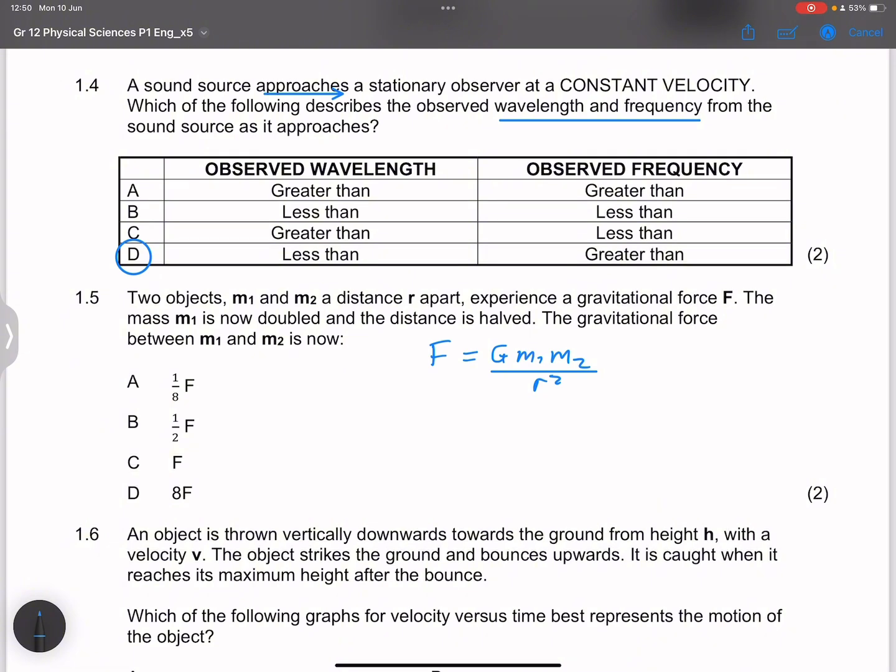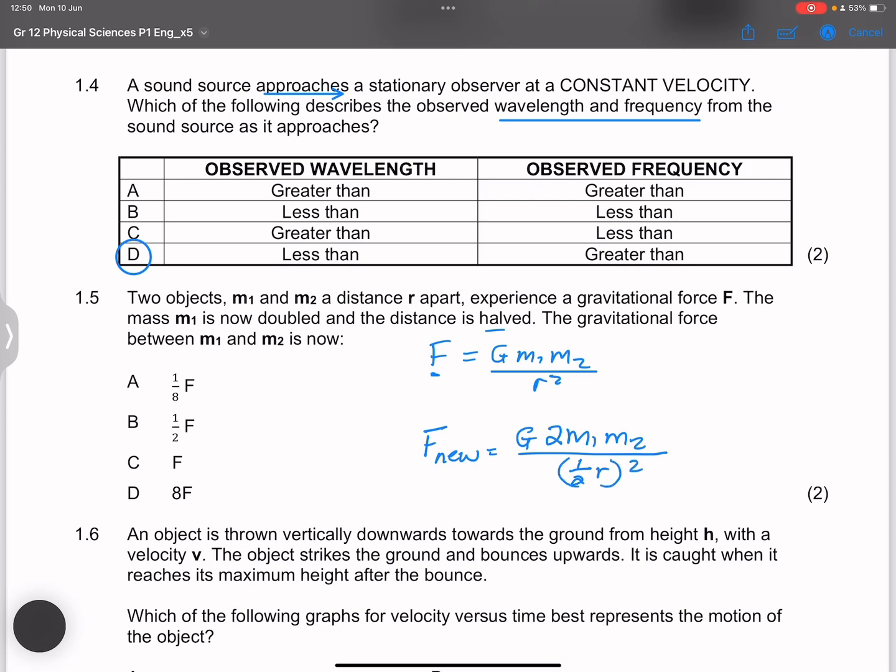Now note, we started with force F, but now what will be the magnitude of our new force? If we double the mass of M1, it will be 2M1 times M2, and they say we halve the distance, so that means we've got a half of R, squared.